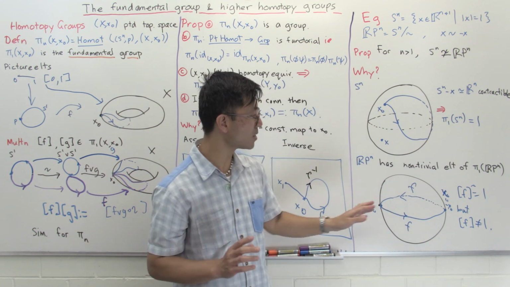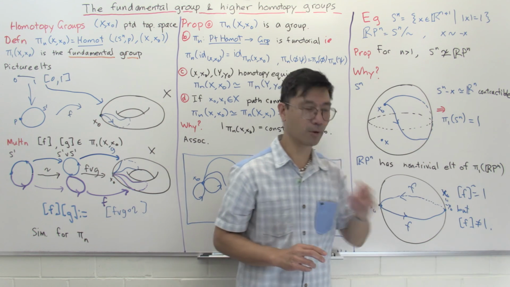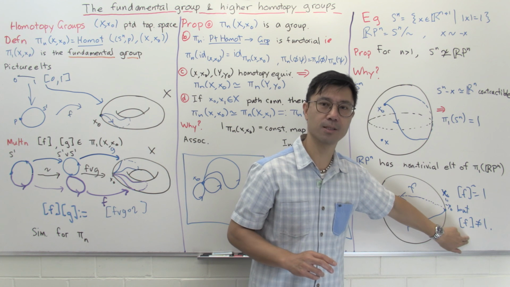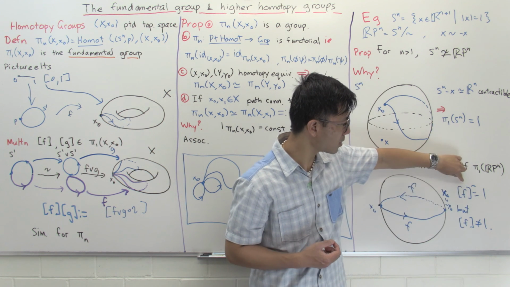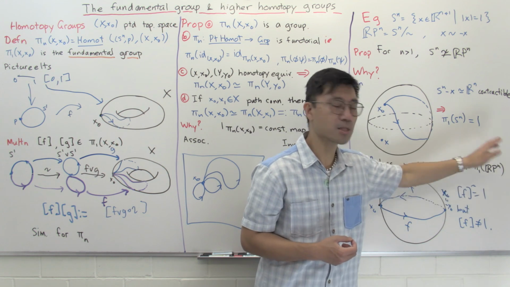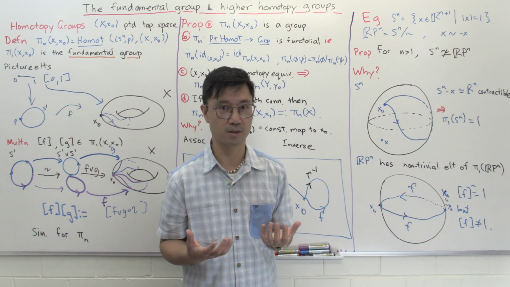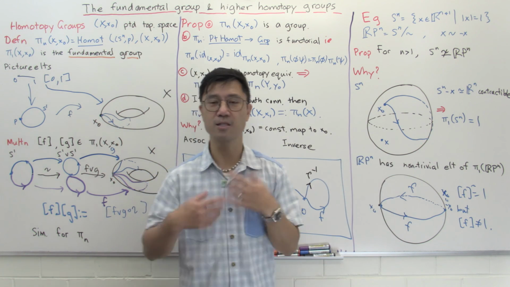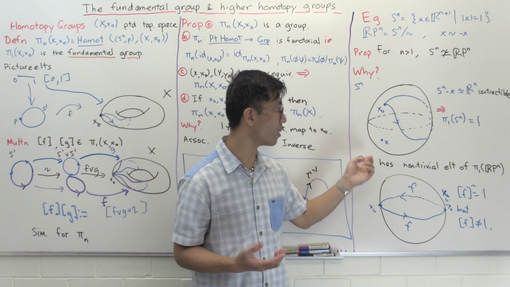In fact, what happens in this example is that the fundamental group is actually generated by this element here. So that's a generator for it. And since we know that its square is equal to 1, this fundamental group is isomorphic to Z mod 2Z. This is a very interesting fact. So RPn has fundamental group Z mod 2Z, for n greater than 1.